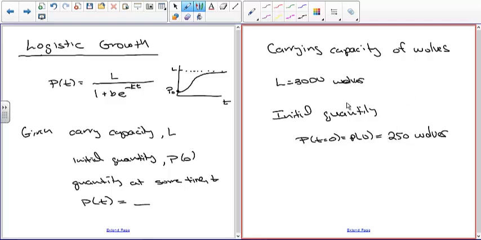So you have this ecosystem, you introduce 250 wolves, and what you see is the number of wolves at t equals 10 years. So P of 10 is going to be more than 250 and less than 3,000. So I'm going to say 780.